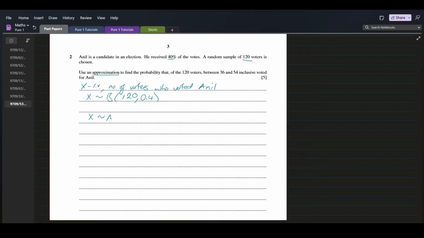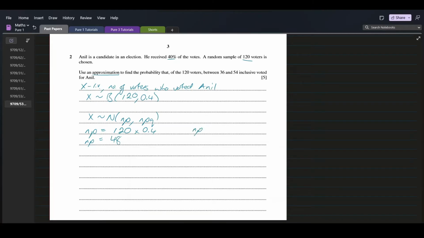So we know that x follows a normal distribution and our mean will be np and our variance is npq. So let's evaluate np. np is equal to 120 times 0.4. So if we punch that into the calculator, 120 times 0.4, that gives us 48.